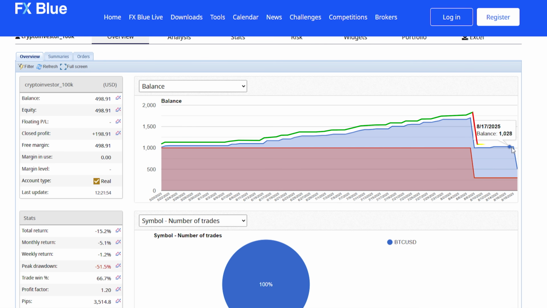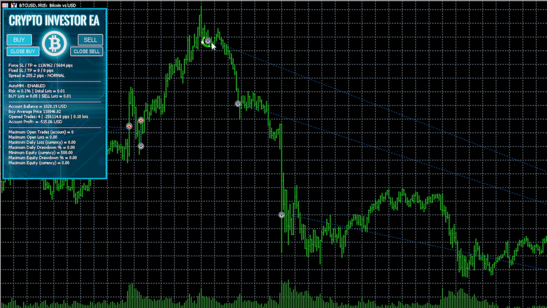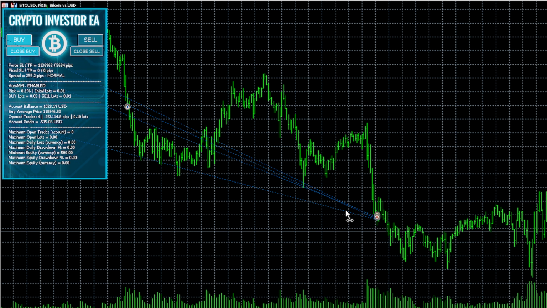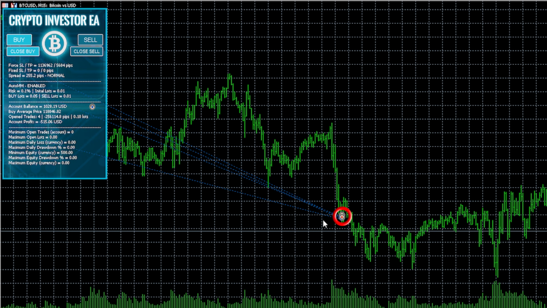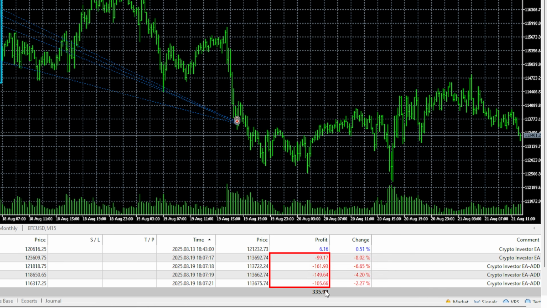Then a little bit later, the EA hit the 50% account protection. So basically what happened is it was buying the Bitcoin. You can see it started in here, another long trade, another long trade, and another long trade, and it couldn't really handle those losses because the Bitcoin price kept going down, and eventually it closed the positions on a loss.